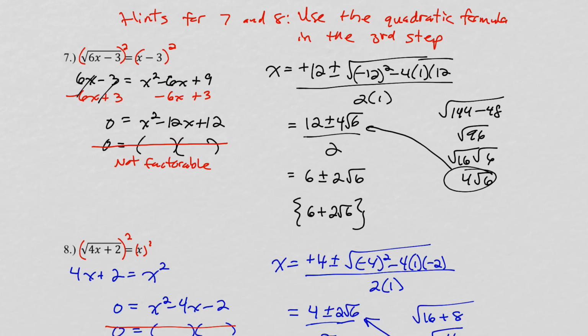I do my scratch work on the side for the radical, and insert that in there so there's not so many steps going around, and end up getting 6 plus or minus 2 times radical 6, and I have to throw out the 6 minus the 2 radical 6. Okay, and I highly recommend you check that in a graphing calculator to throw out the left one.